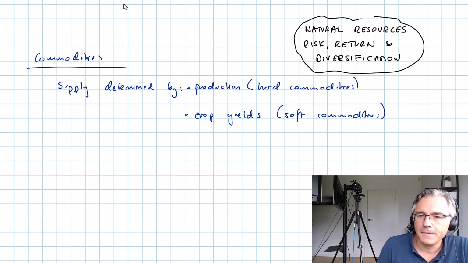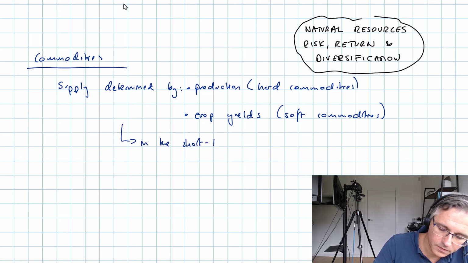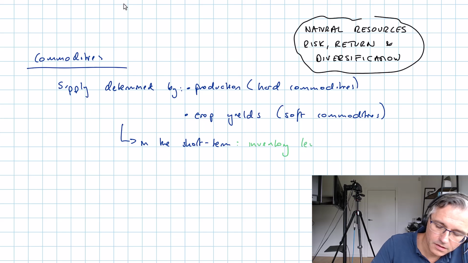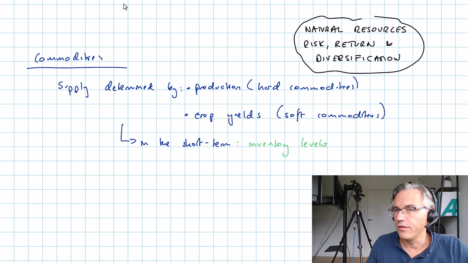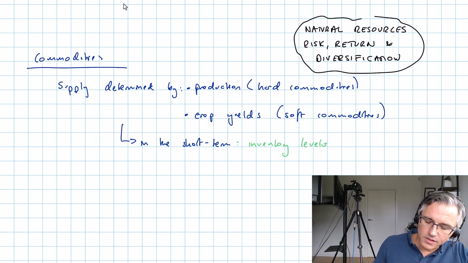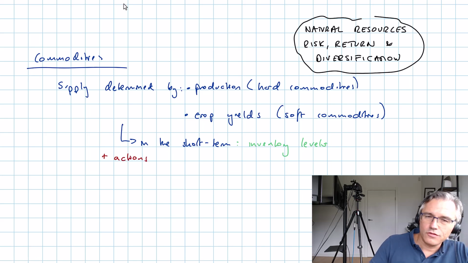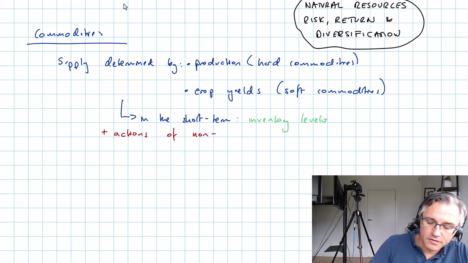Now, in the short term, we're going to be focusing on inventory levels as the driver of supply, but also thinking about the actions, not just of the producers, but of non-hedging investors.